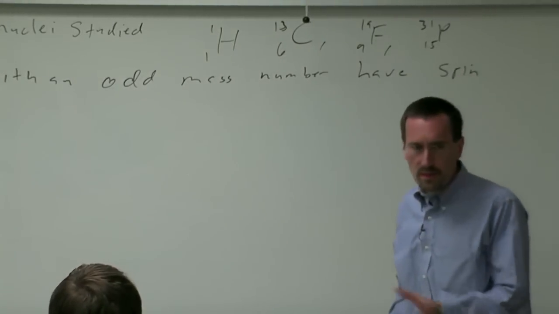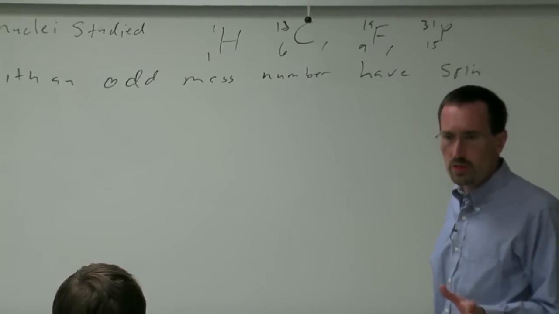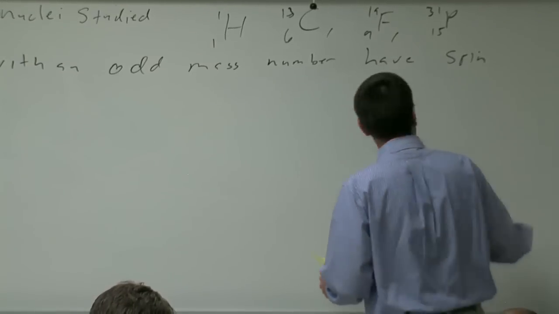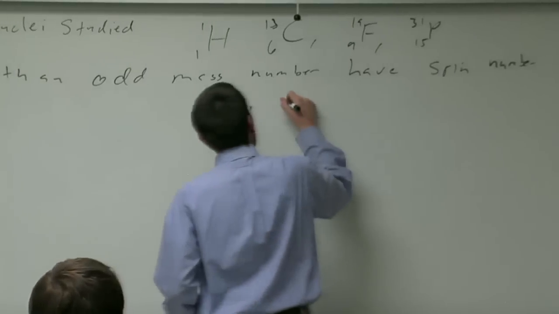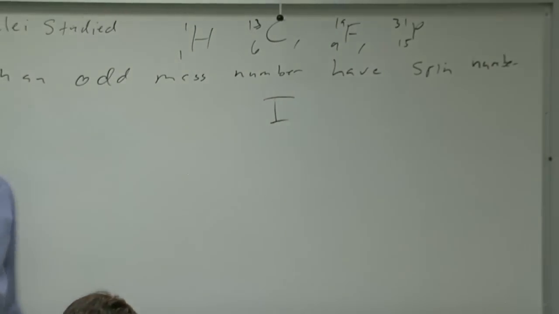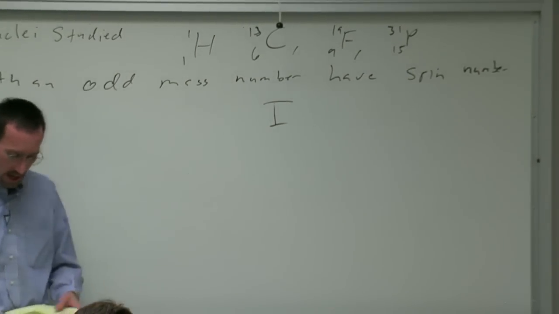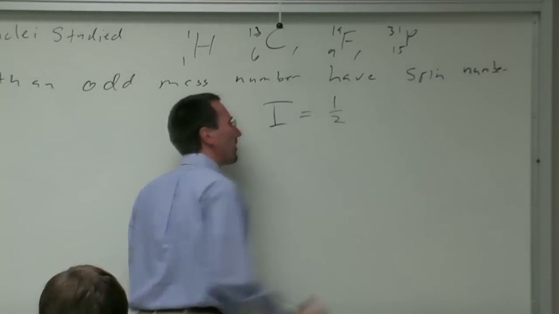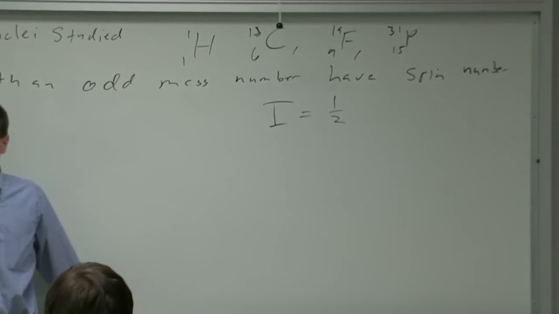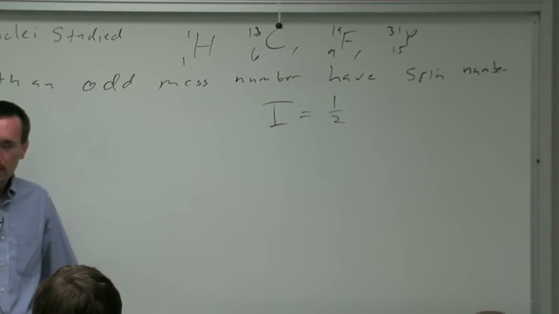And the quantum characterization of nuclear spin is what's called a spin number. We'll call the spin number I. Doesn't really matter what we call it, but they call it I. And so that number is going to be 1/2, and that gives you all the ones up here.